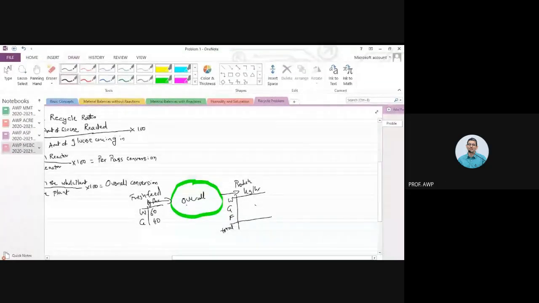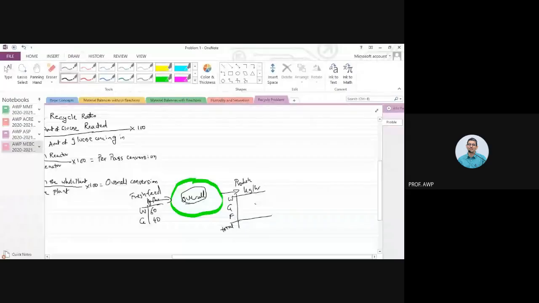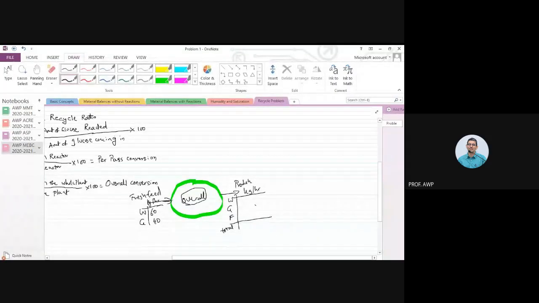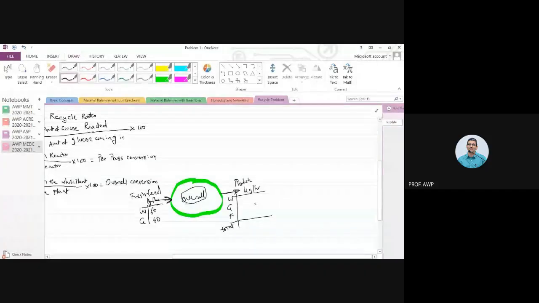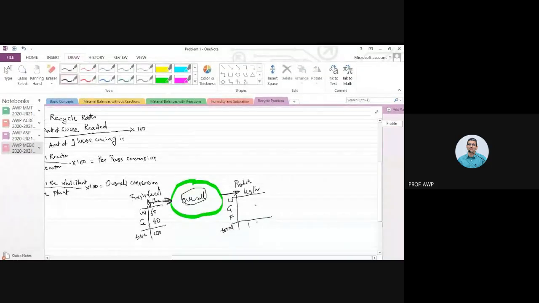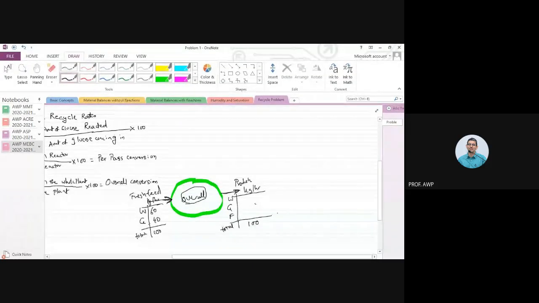If you're talking about the overall plant, there is only one stream coming in, the fresh feed, and only one stream going out, the product. So if the fresh feed total is 100 kg per hour, then the total product going out must also be 100 kg per hour.